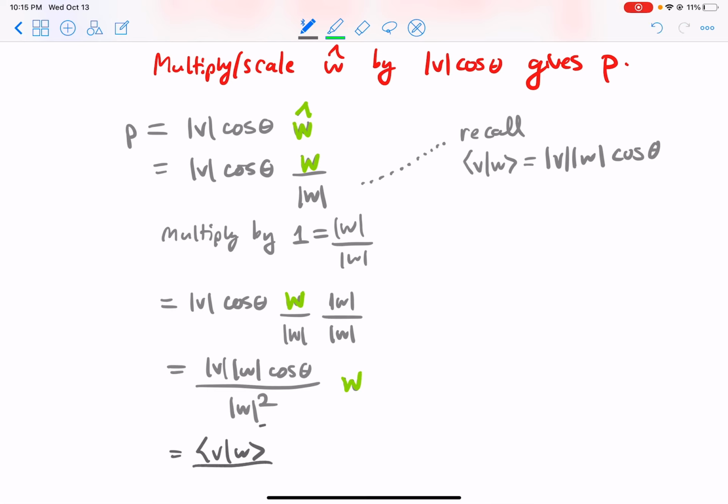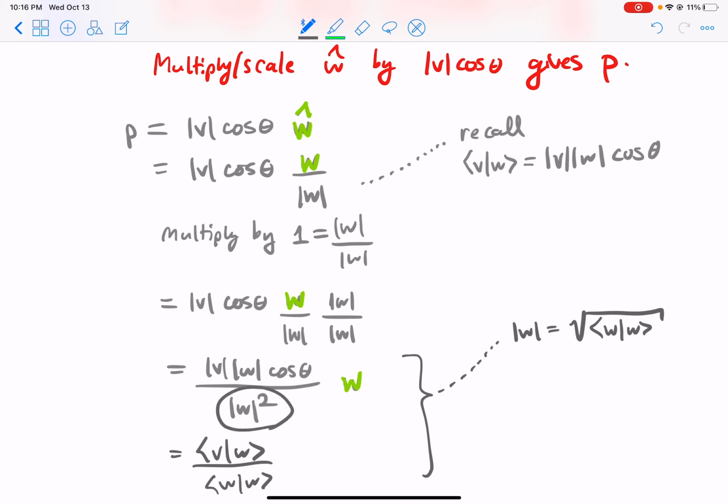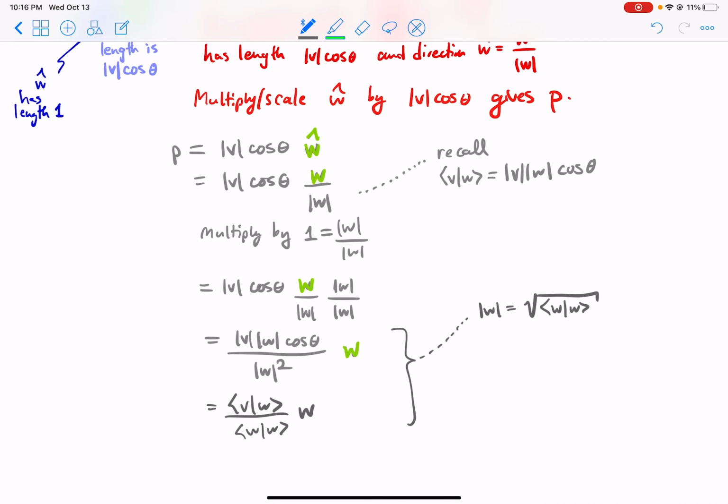And we recognize that this is the length of w squared. Right, so right here, maybe we'll say, what I'm remembering is that the length of w is the square root of w dot w. And so the length of w squared is just w dot w. And now I'm done. I am done.